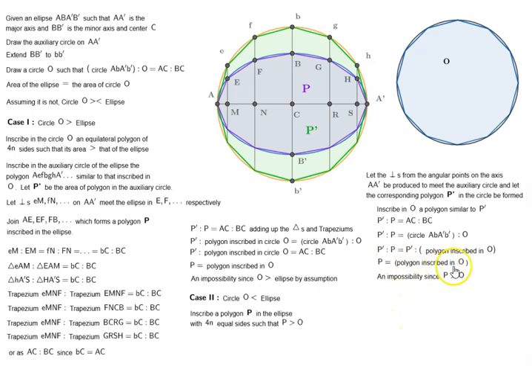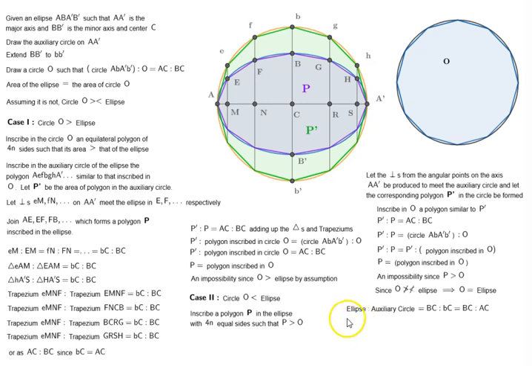P cannot be equal to the polygon inscribed in O. Why? Because we inscribed the polygon P in the ellipse with 4n equal sides such that P is greater than O. But here we are ending up with P equal to the polygon inscribed in O. So since that is an impossibility, we can say O is neither greater nor less than the ellipse, which implies O is equal to the ellipse, that is, in area.